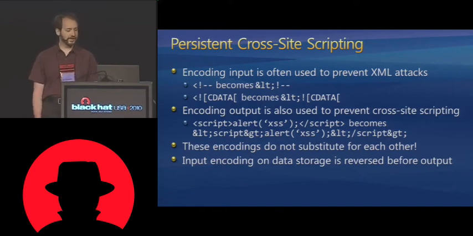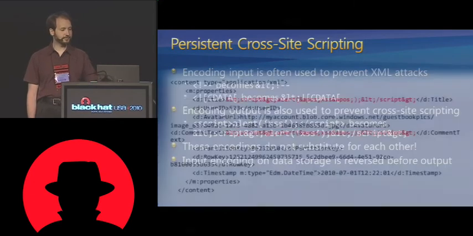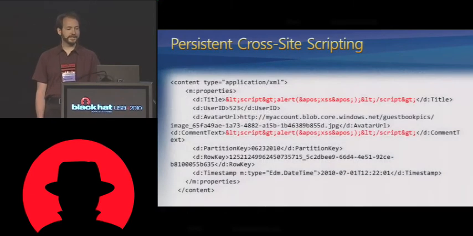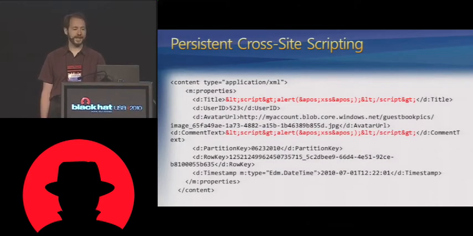So the problem you can run into is things like this, where I've got an encoder that's stripping out angle brackets and that sort of thing, but not worrying about other values. And so I've stored in my database an encoded cross-site scripting attack.